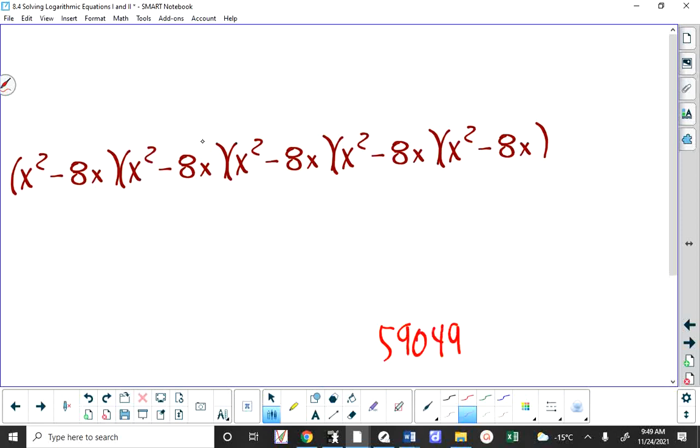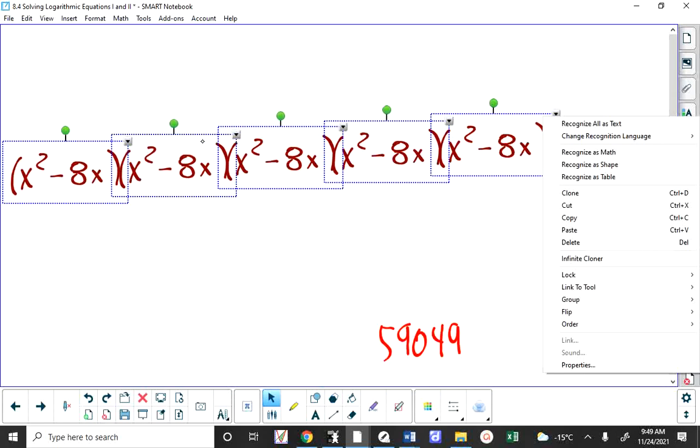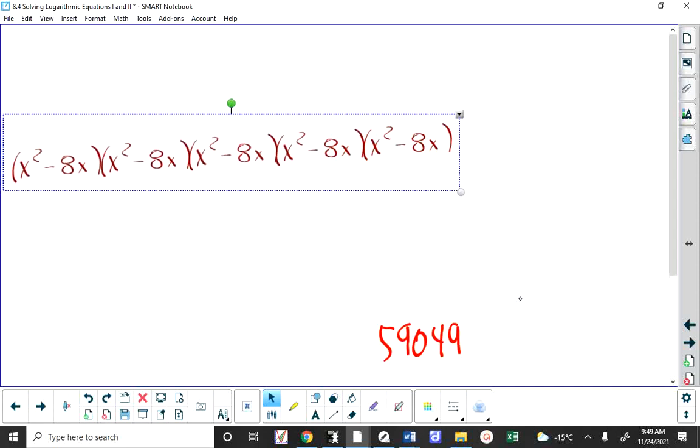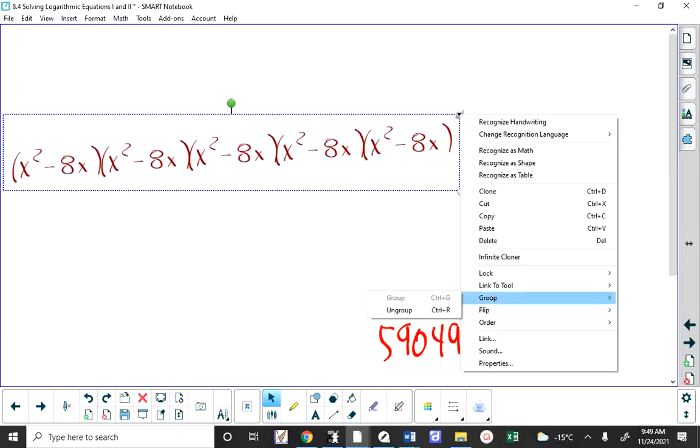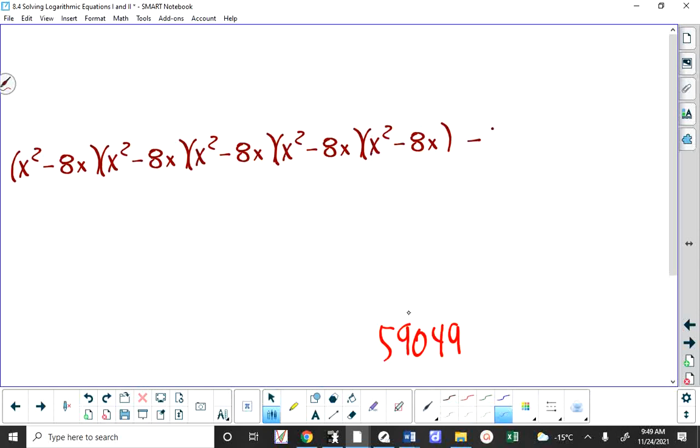Now, this thing that you're looking at up here is equal to 3 to the 10, which is this number that I've written in red. And that means that this equation is going to be a polynomial equation where you now subtract 59,049, set it equal to 0. Think about this.